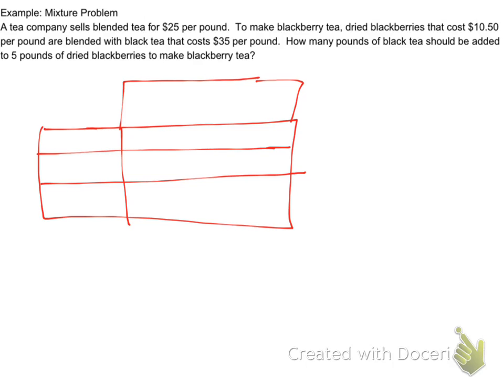So we're making blackberry tea, right? We're putting blackberries in, and we're putting tea in. So blackberries is one thing going in, tea is another one going in. That creates blackberry tea. Everybody okay with that? 2 things going in, the thing coming out.